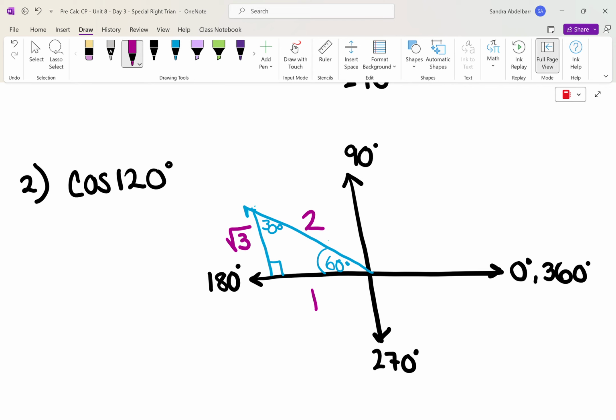Positive y. Below the x-axis, that's negative y. So this root 3 stays positive. But to the left of the origin, isn't that negative x? So this one should be negative. And the hypotenuse should always be positive. So this is the only negative here.